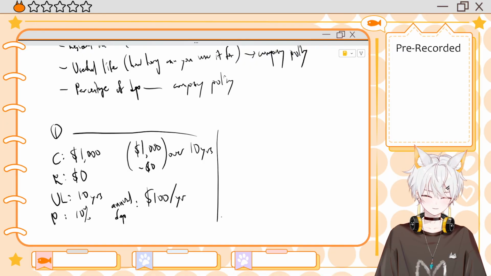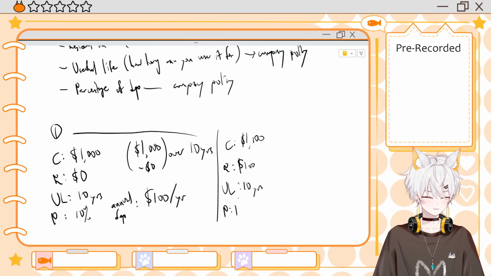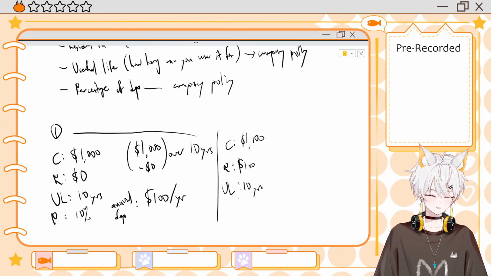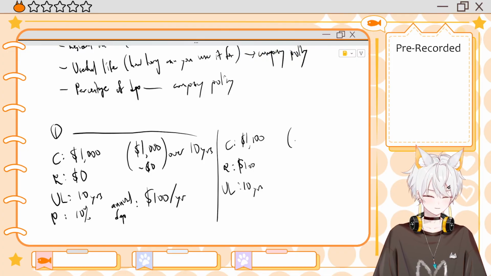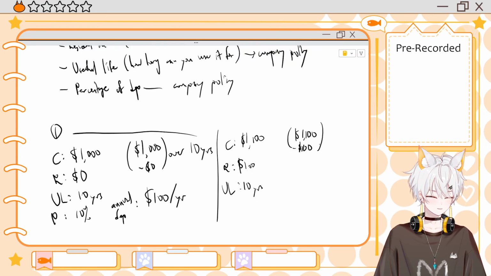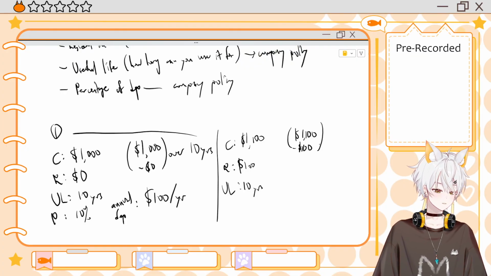Next scenario: what if the cost is 1,100, the residual value is 100, and useful life is the same, 10 years? And then the percentage is slightly different, so we actually don't compute this here, because it's irrelevant. Now, instead of 1,000, you have 1,100 minus $100. Because remember, at the end, you still have $100 left over of worth for this equipment.